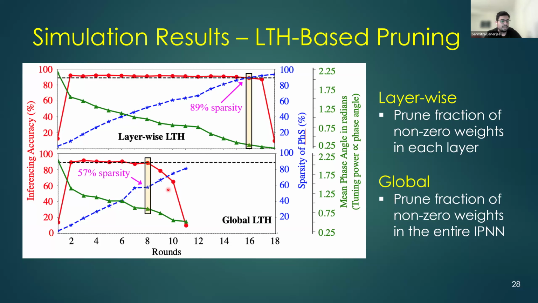Some layers may have very large sparsity, some very small, but due to how the weights are distributed, the earlier layers were getting pruned more often than the later layers. And as we have seen before, earlier layers are very sensitive, so we could only go up to 57% sparsity before the accuracy started to drop.